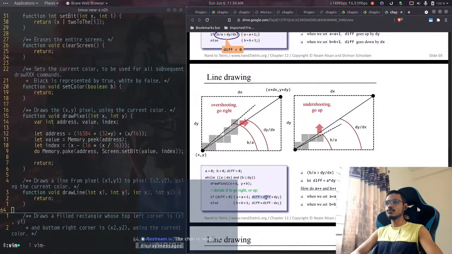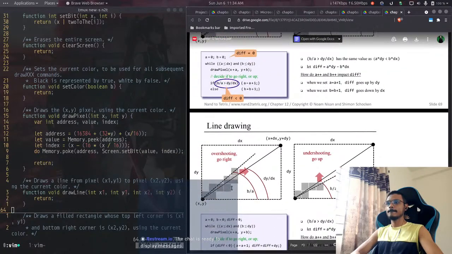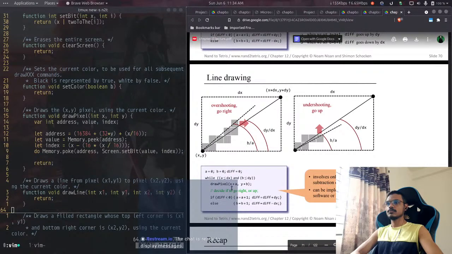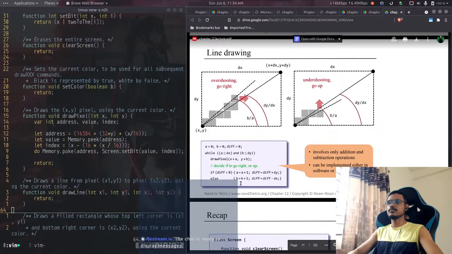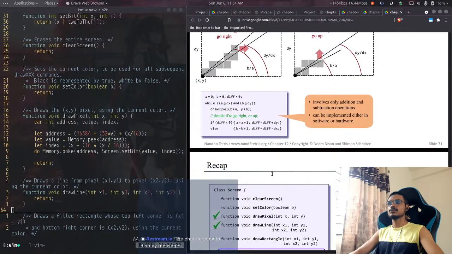Oh, what kind of sorcery is this? Difference is equal to difference plus dy. So in this case, we eliminated all the division and multiplication operations. This is a great solution.